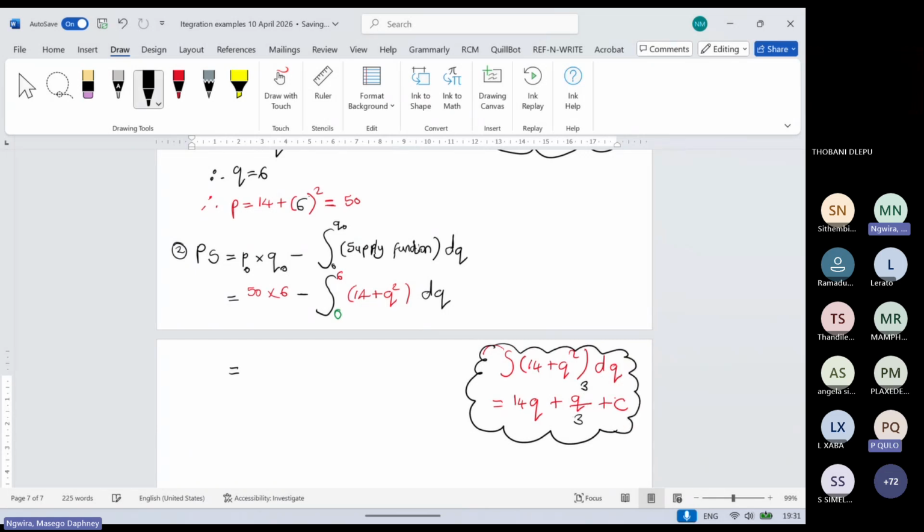So what is 50 times 6? 300, thank you. And then minus the integral.